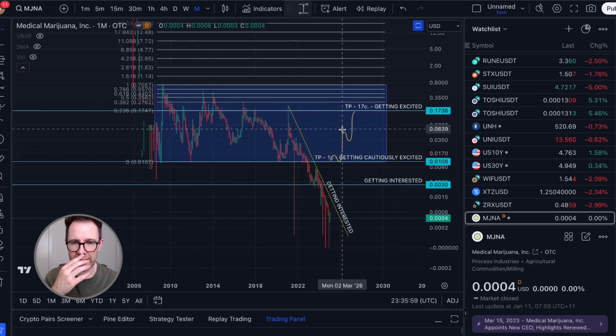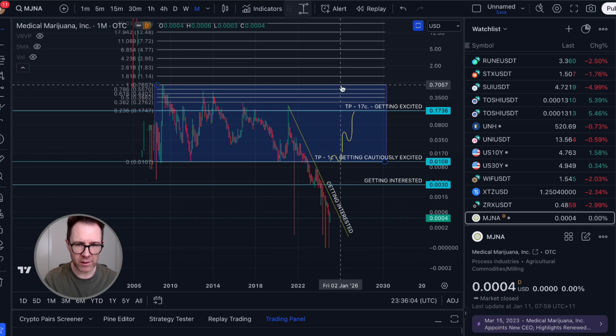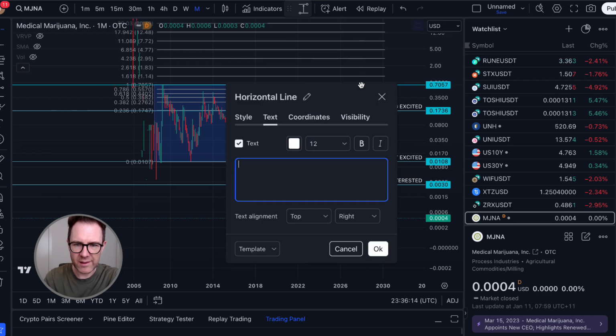And I can't say with any confidence whatsoever that you would ever get back above to 70 cents. But you would say this would be a major profit-taking area, most definitely. So there, okay, 70 cents. I'm going to call it another TP, 70 cents, and I'm probably going to call it major, like major profit-taking, okay?